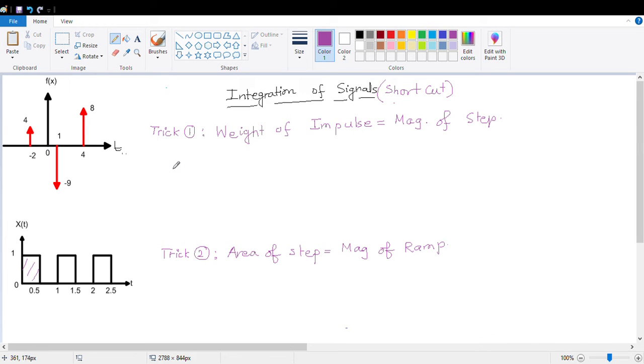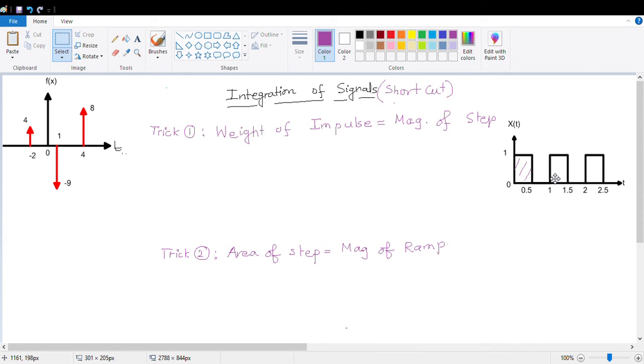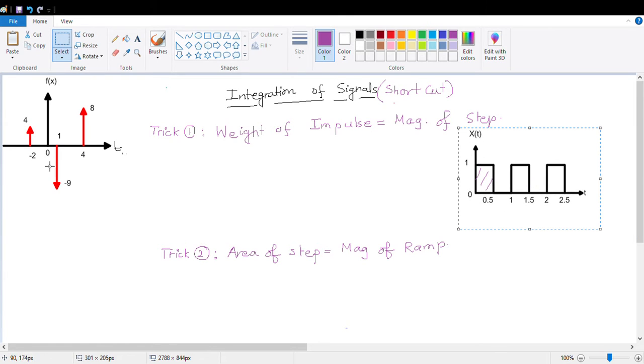So if I draw this signal, it will be better if I can draw the signal just beneath it. It will make you understand better. So I am doing this. So suppose this is my signal.